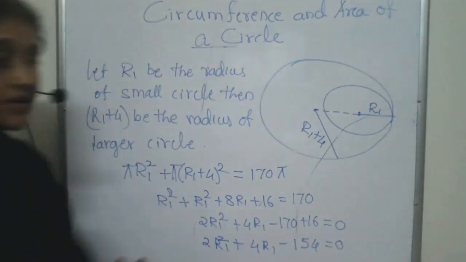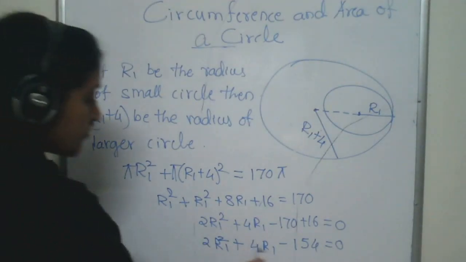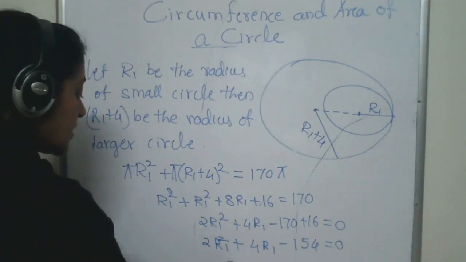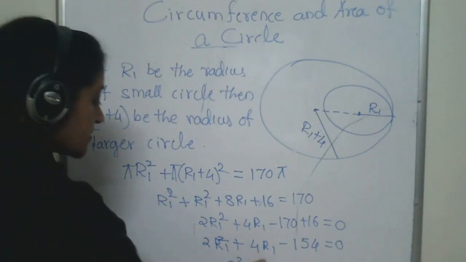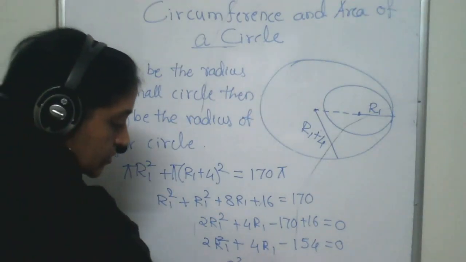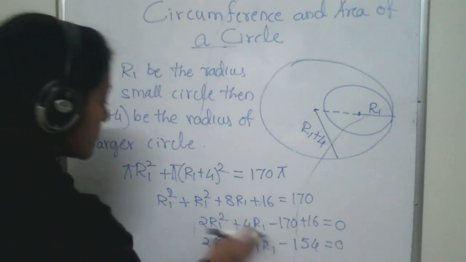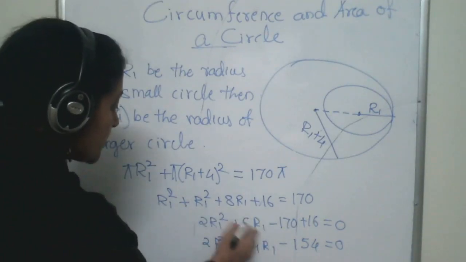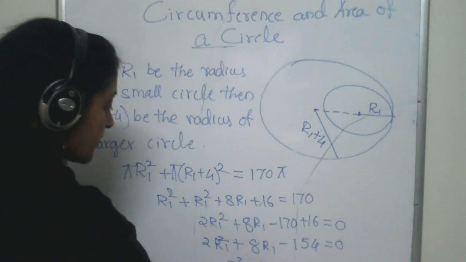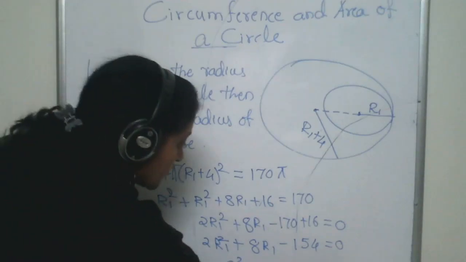Now you can divide this throughout by 2, because 2 2s are 4, 2 7s are 14, 77 are 154. Yes, r1 square plus, no sorry, I think I reduced it first in the part only. This is 8, so it becomes 4r1 minus 77 is equal to 0.